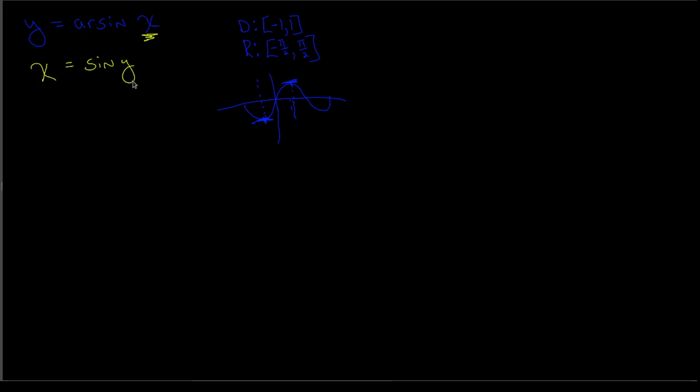So what we're going to do then is a little variable swapping here and say that if we want to find the derivative of arcsine of x, then we're going to make our f of x equal sine of x.